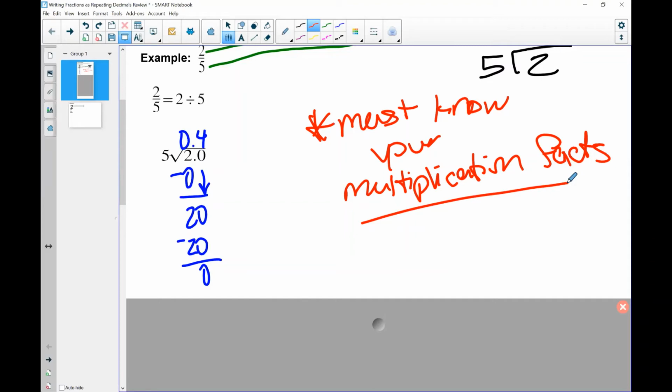Now, this is my handwriting, but it's a little sloppy because I'm writing it on my computer. My handwriting is much better, but it doesn't matter. You must know your multiplication facts.